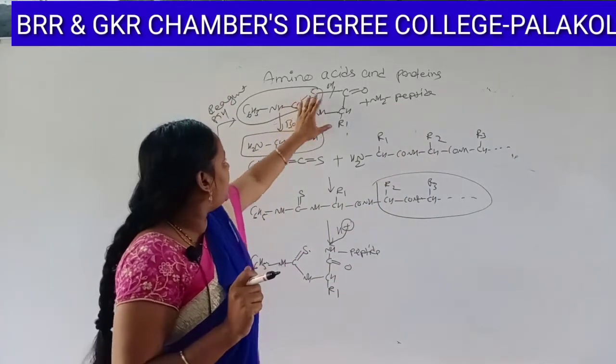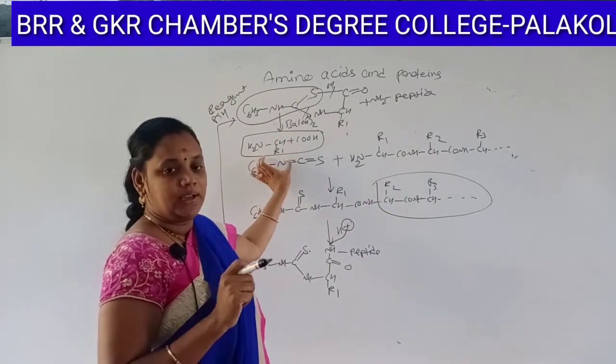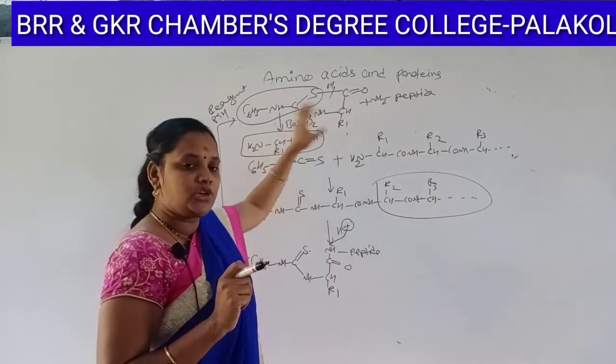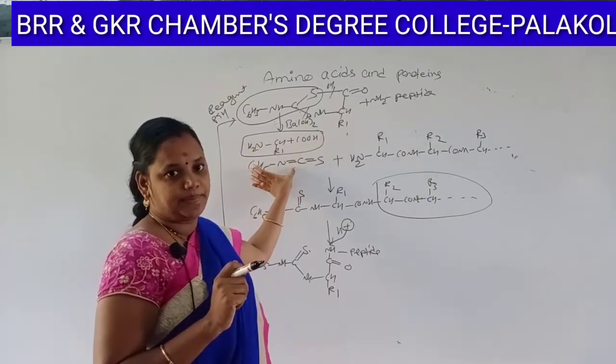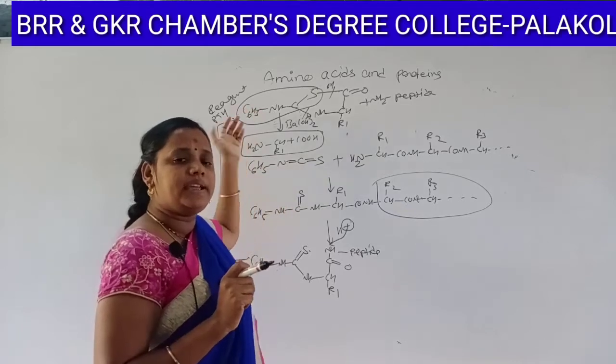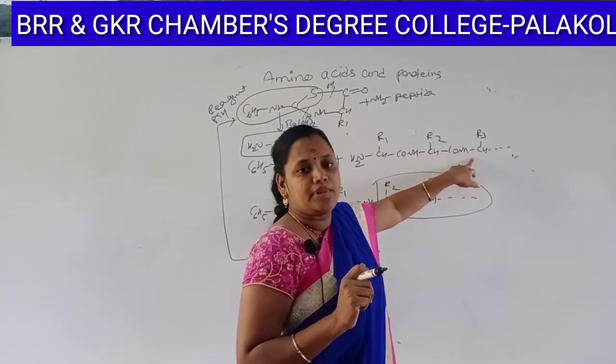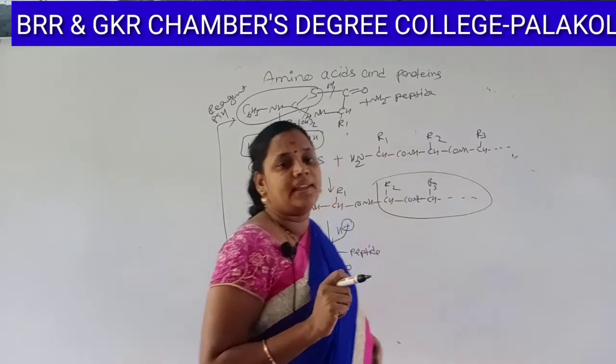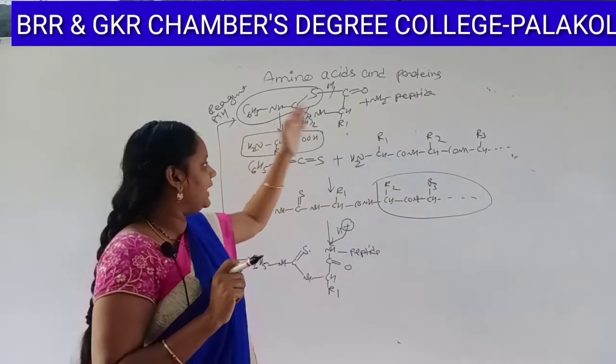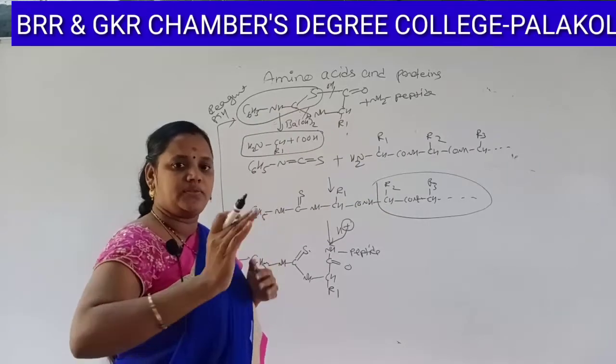As R1 came out, R2 also comes out as a separate amino acid. Again the reagent attacks the N-terminal of the third amino acid, and the third amino acid is also removed.